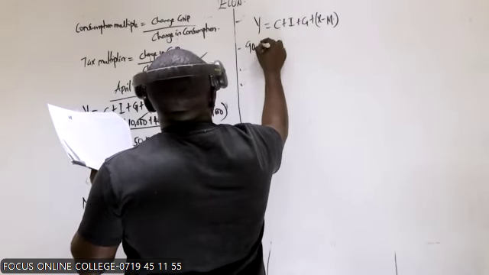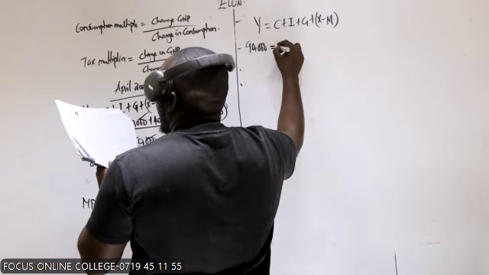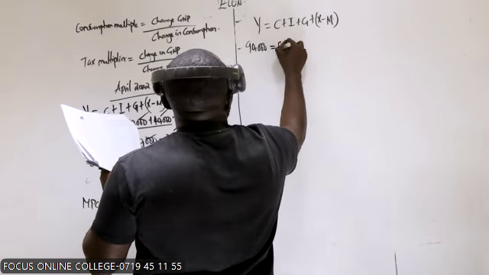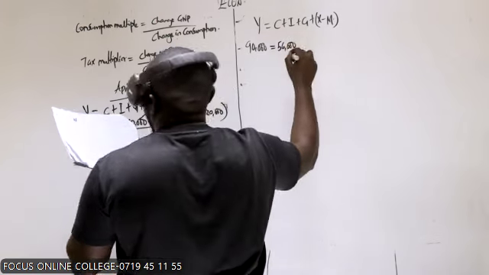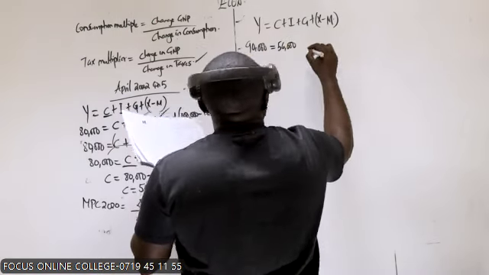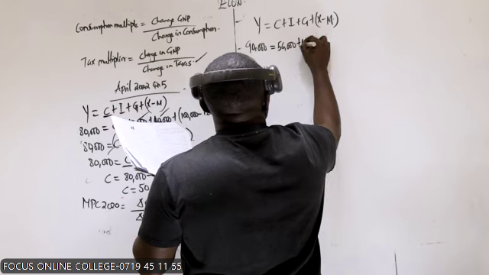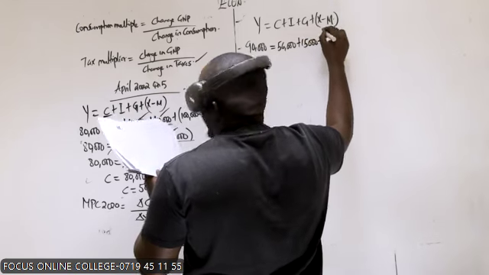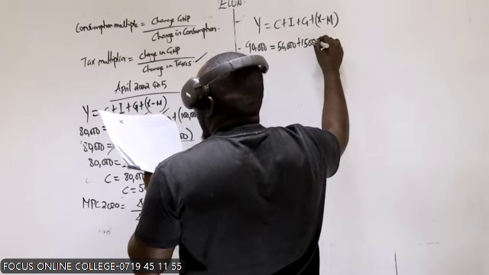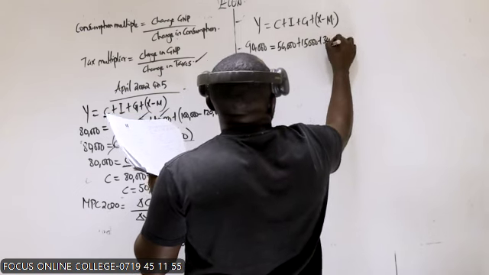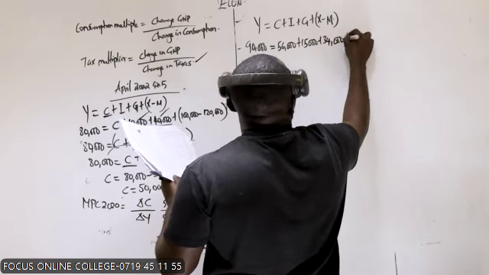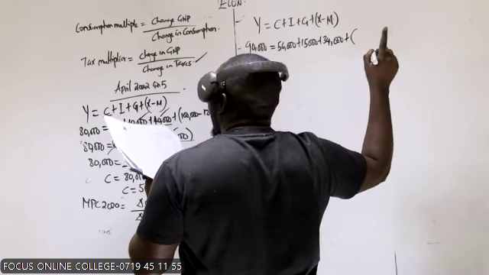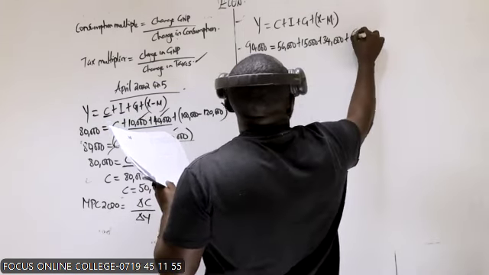I simply replace. I have Y as 90 is equal to C, that is 56, plus I, which is 15,000, plus G, which is government expenditure, that should be 34. Open that bracket, please. Now hold the bracket.